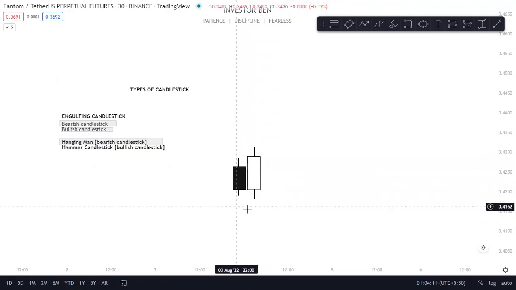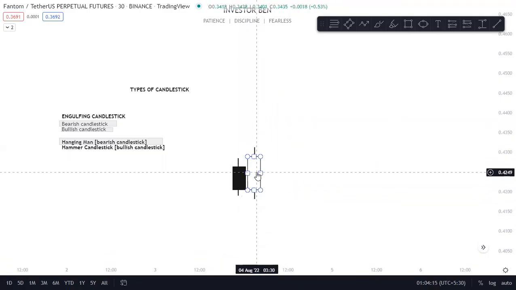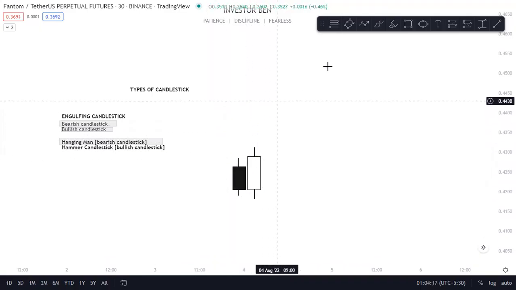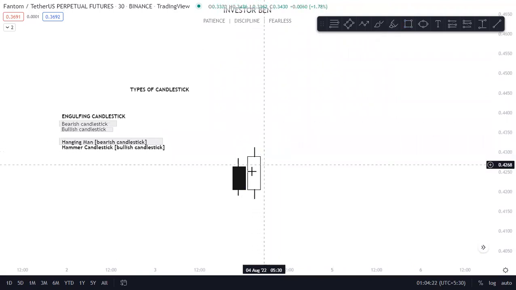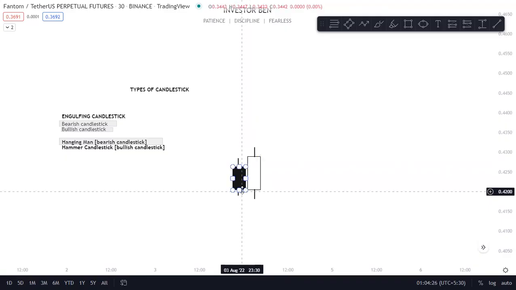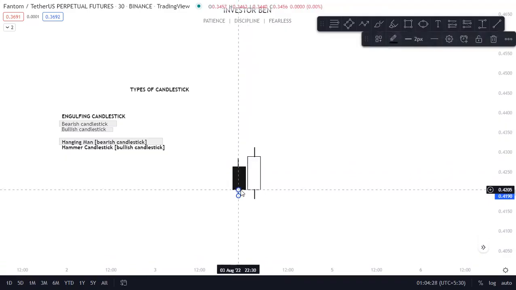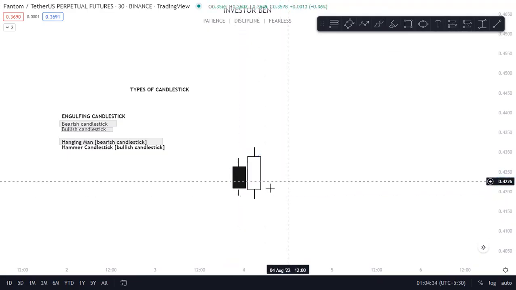It's covered the body, right? You could see both the top and the body. This one is bigger than it, right? Not much meaning on why it is called an engulfing candlestick, apart from the fact that it is way bigger than this one. It covers it entirely. The thing covers everything in it.